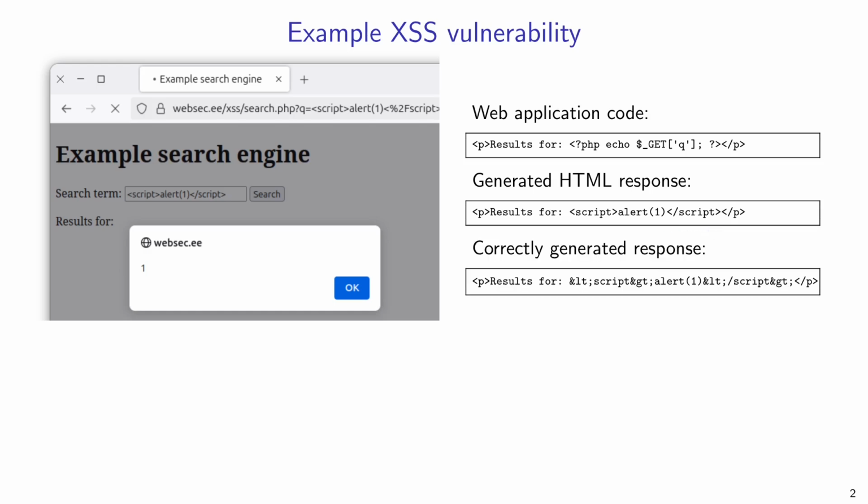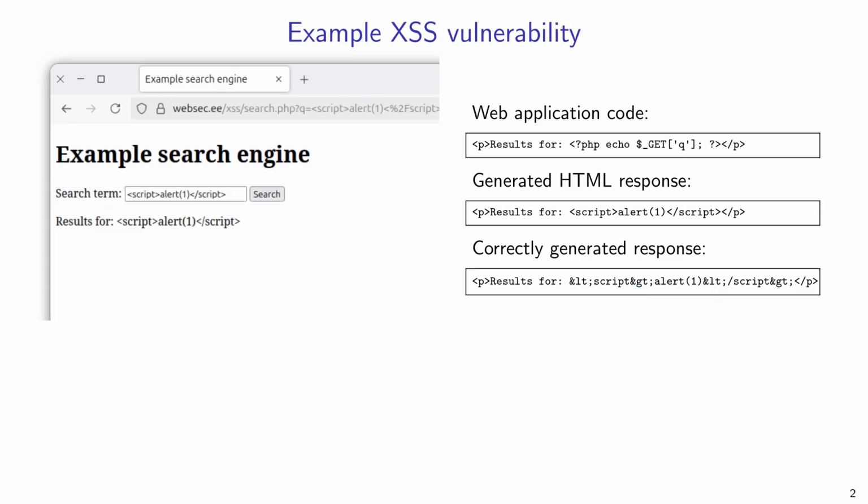So this is how a correctly generated HTML response should look. As you see, the angle brackets have been replaced with their HTML entities. And this is how it would look when rendered by a browser. As you see, our script tags are now displayed as text instead of being interpreted by the browser as HTML code.